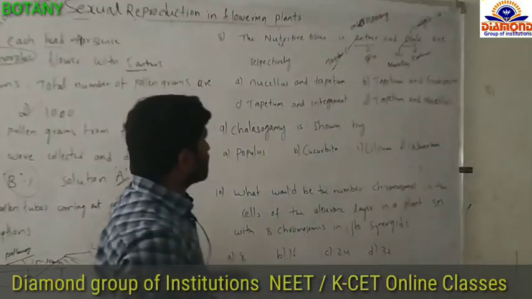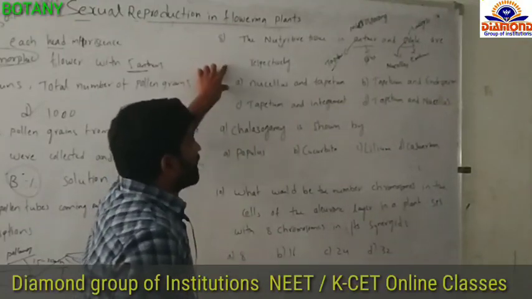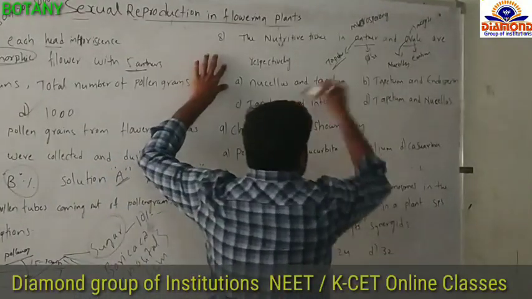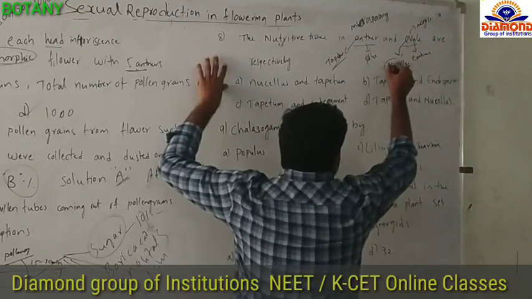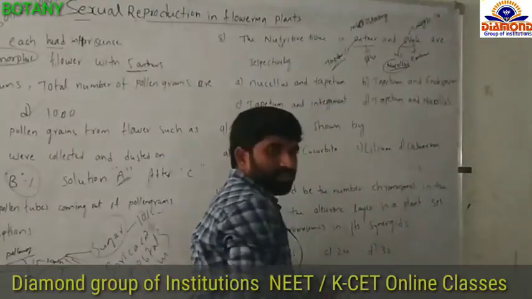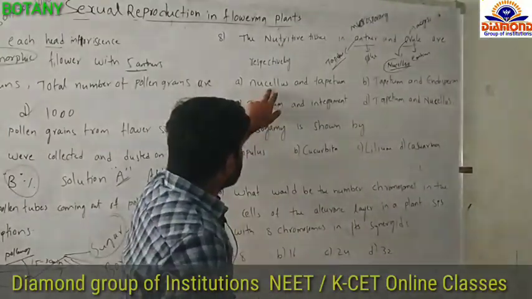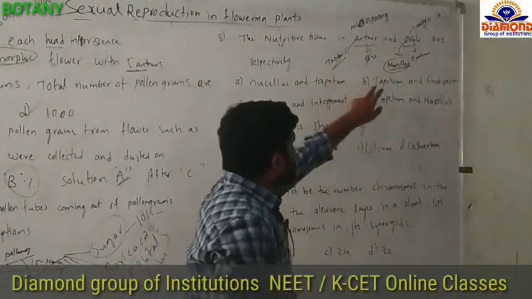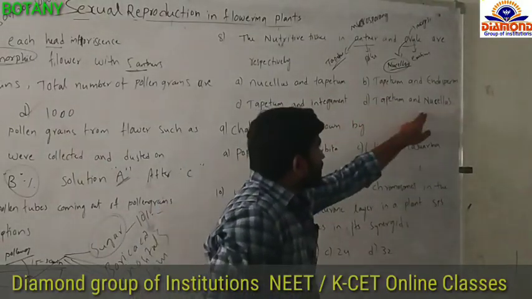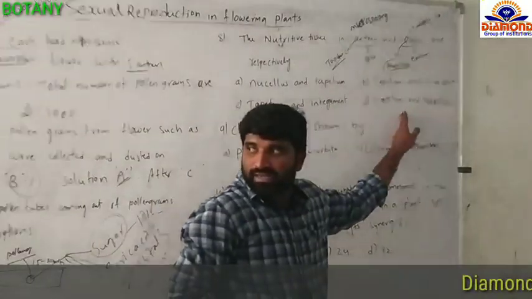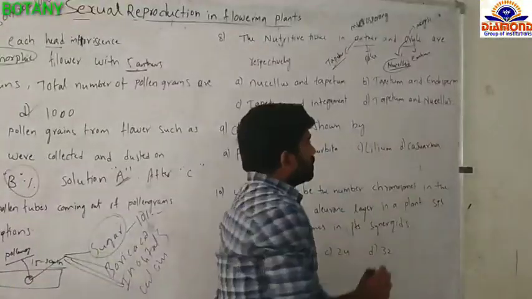The answer, respectively, is tapetum and nucellus. The options are nucellus and tapetum, tapetum and endosperm, tapetum and integument, tapetum and nucellus. So the answer should be tapetum and nucellus only.